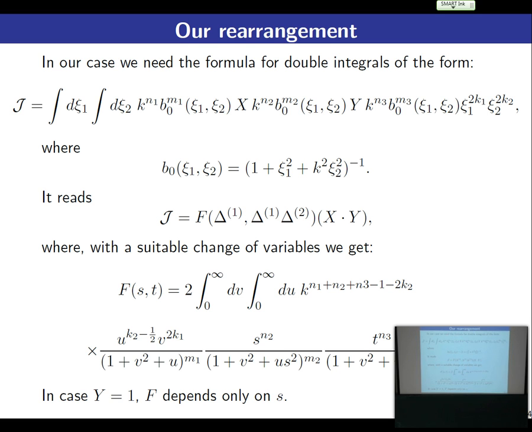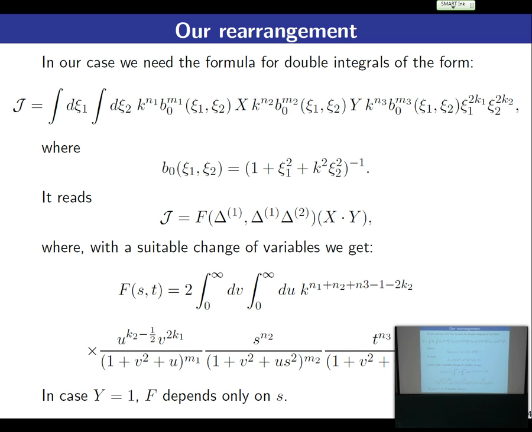So after a slight adaptation of the formula by Lesch, we get the following result: this j, the same j which we have to compute, is f of two variables evaluated on the modular transformation, the first variable and the second variable, on this x and y, which we see in this integral we have to perform, okay?